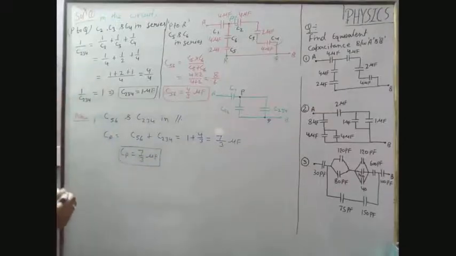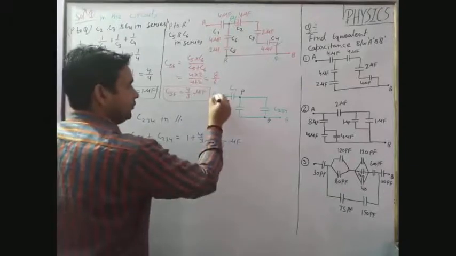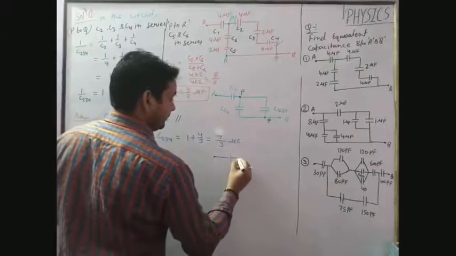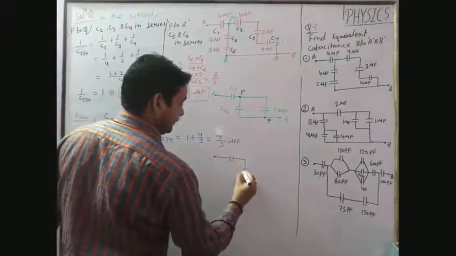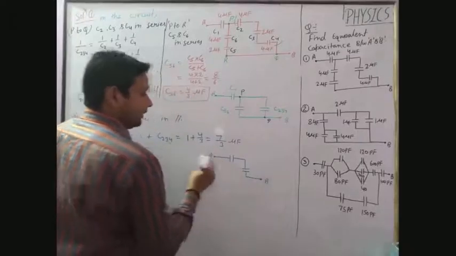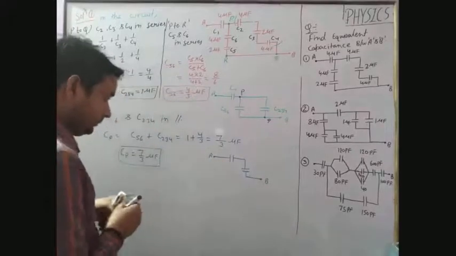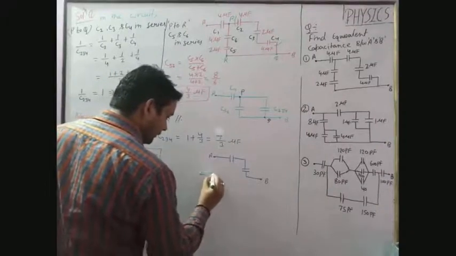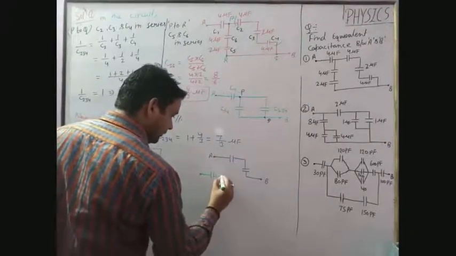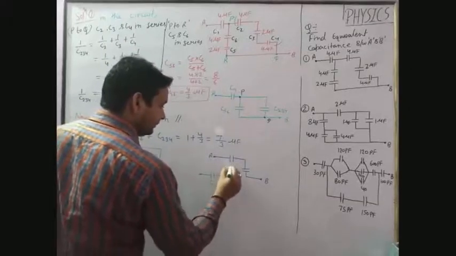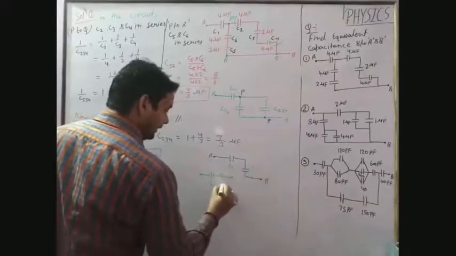Then the circuit is reduced to this form, or either you can put this C1, Cp and this is Cp.